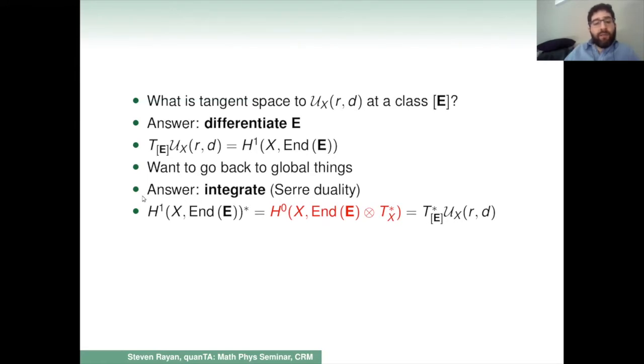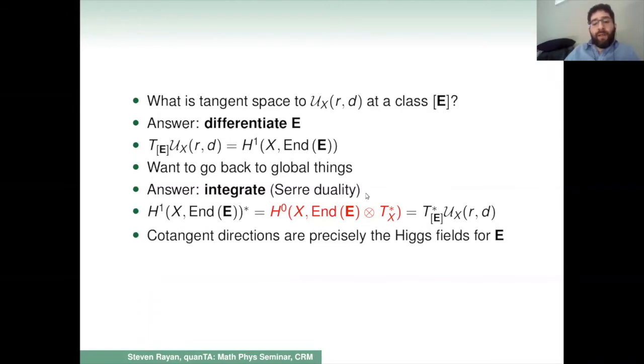We took the dual of the tangent space, so that means we must now have the cotangent space to the moduli space of bundles, but also this twisting by T star is exactly the space of Higgs fields phi for our bundle E. And so the cotangent directions in the moduli space of stable bundles are precisely the Higgs fields for E.